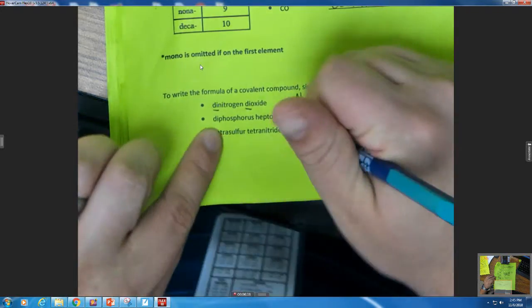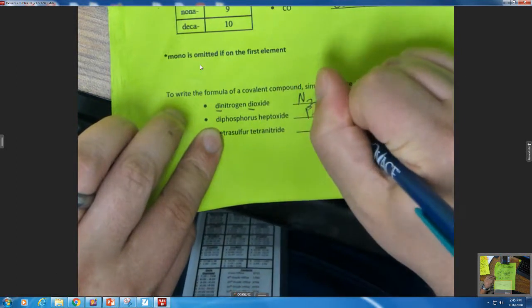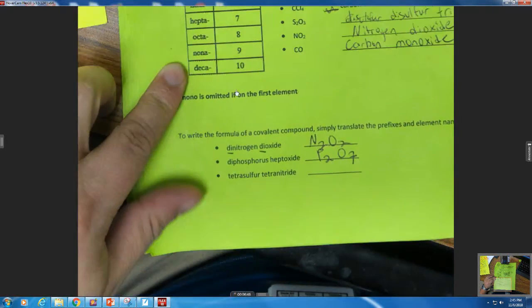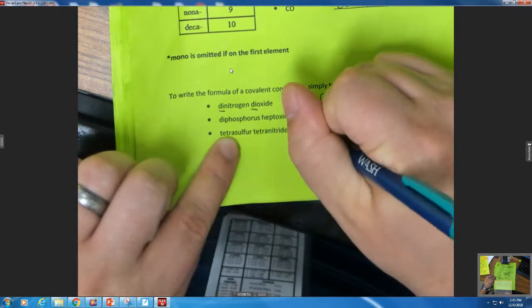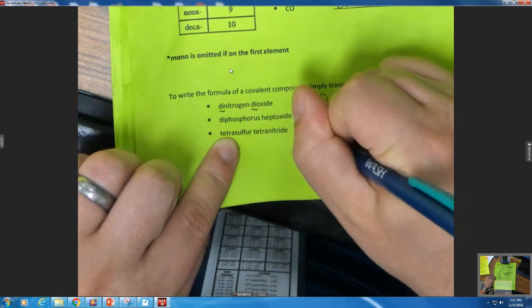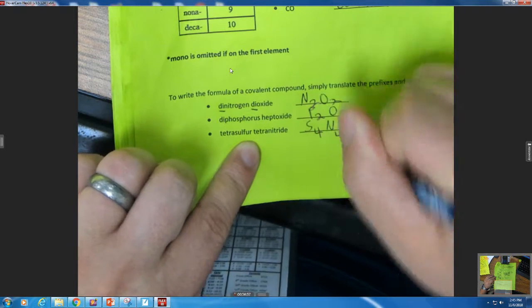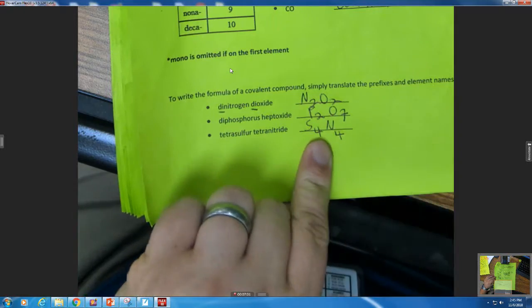This next one, I got diphosphorus heptoxide, so there's 2 phosphorus, and there must be 7 oxygens, because hepto is the prefix for 7 up here. And then the last one, I've got tetrasulfur, so 4 sulfur atoms and 4 nitrogen atoms, so S4N4, and again, I don't simplify it.